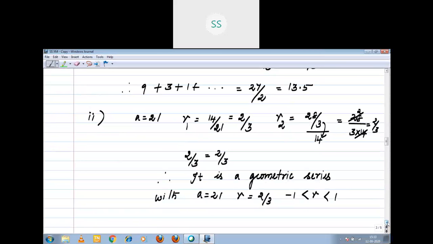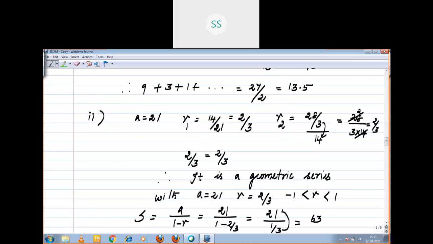This is the process. Geometric series with a equal to 21, r equal to 2 by 3, and r lies between minus 1 and 1. Right? Now sum to infinity.